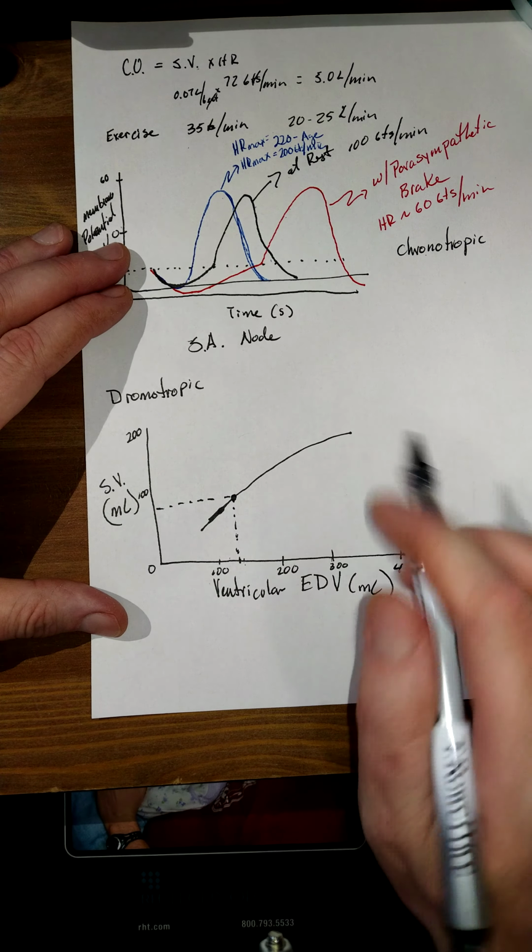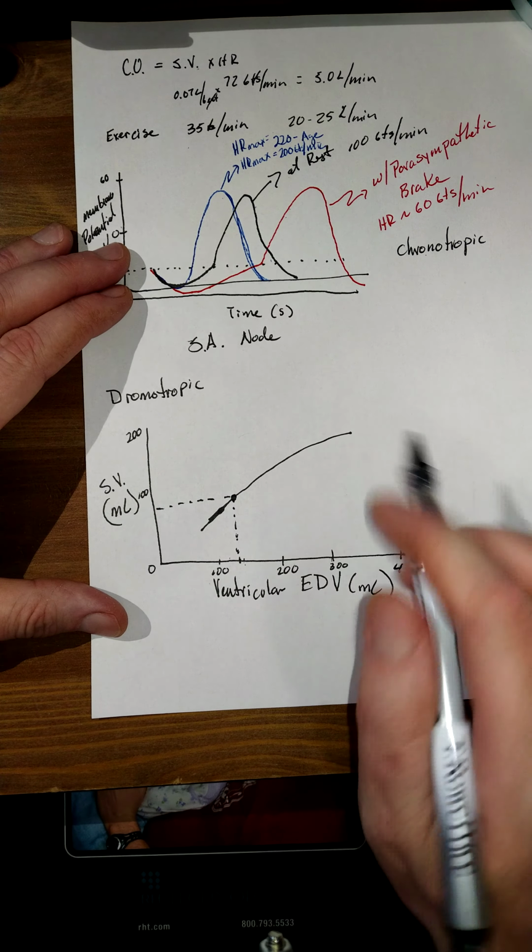And if we were to increase our stroke volume over on this side, let's increase it to here. It shows us that we've increased our end diastolic volume by increasing our stroke volume. So that's saying that our stroke volume is proportional to our end diastolic volume, or any increase in venous return or more blood entering into the ventricle to stretch it a bit more is going to increase stroke volume.